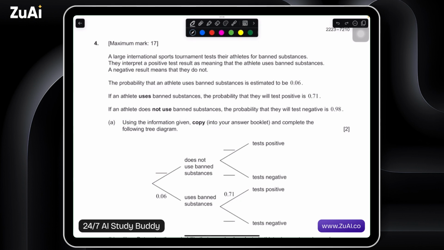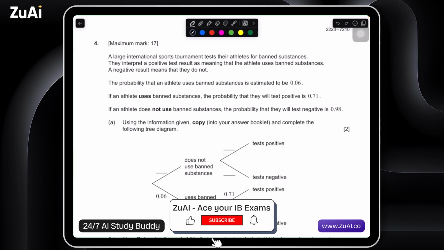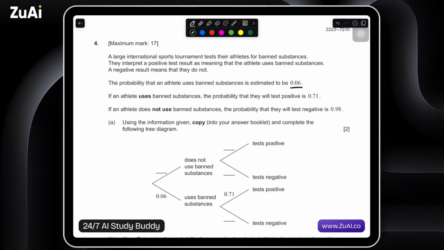17 mark question. A large international sports tournament tests their athletes for banned substances. They interpret a positive test result as meaning that the athlete uses banned substances. A negative result means that they do not. The probability that an athlete uses banned substances is estimated to be 0.06.